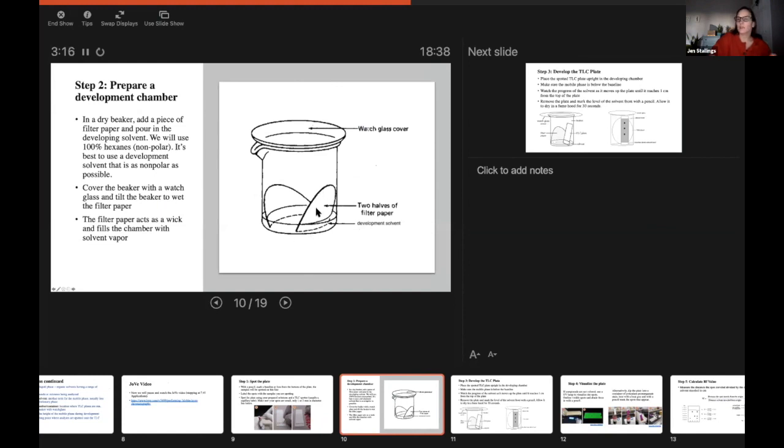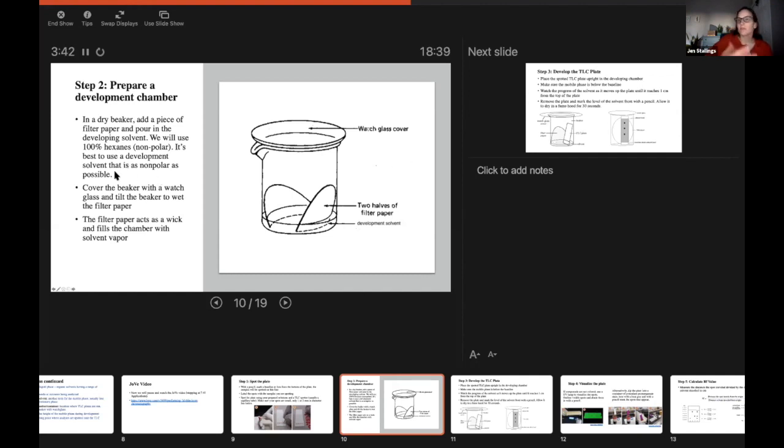And then the filter paper acts as a wick. The filter paper becomes wet, and because it's wet, it gives off vapor that maybe wouldn't reach all the areas of your beaker. So think of the filter paper as a wick, infusing your chamber with vapors. Okay, so that is the setup.